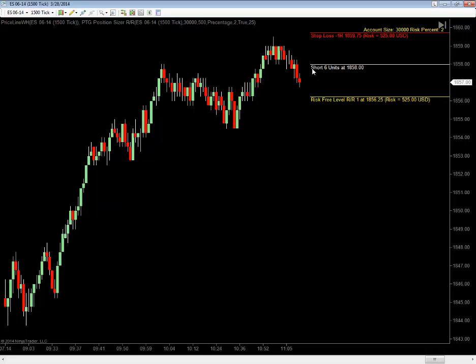Now, the important part of this risk-reward tool is to determine the risk-free level, at which, if price moves in my direction, I can get risk-free on the entire position or at least a partial position. This indicator automatically calculates that risk-free level, and that RR level is a 1 value unit.